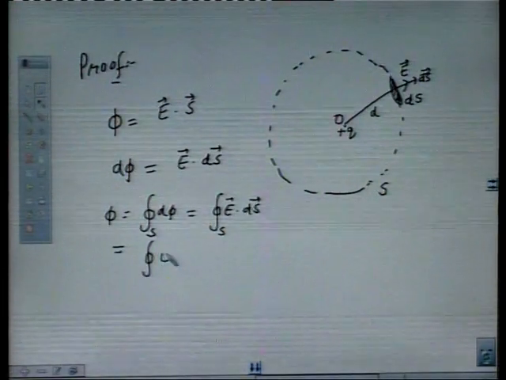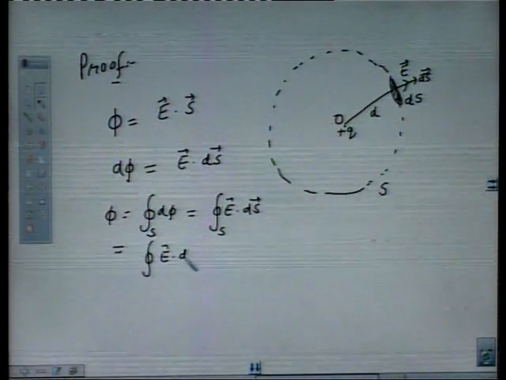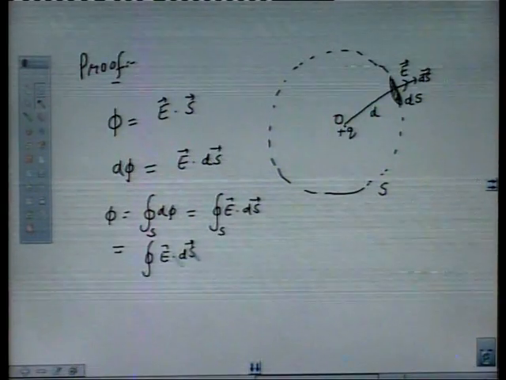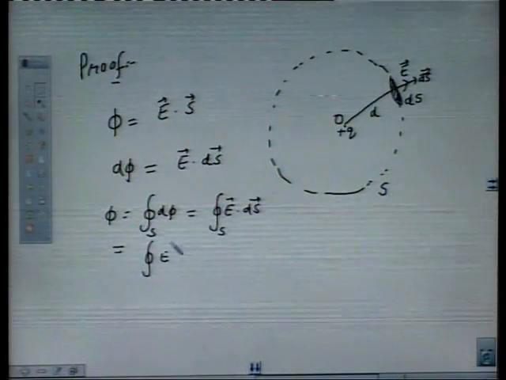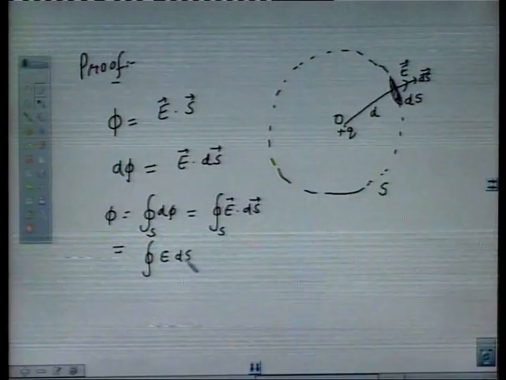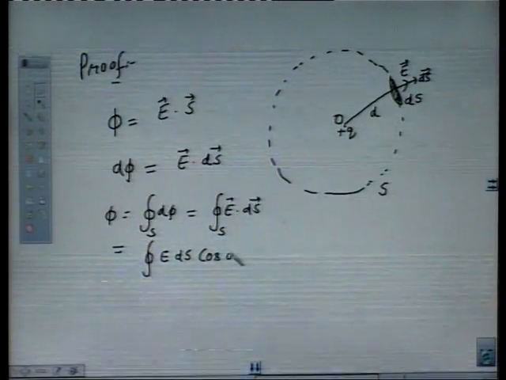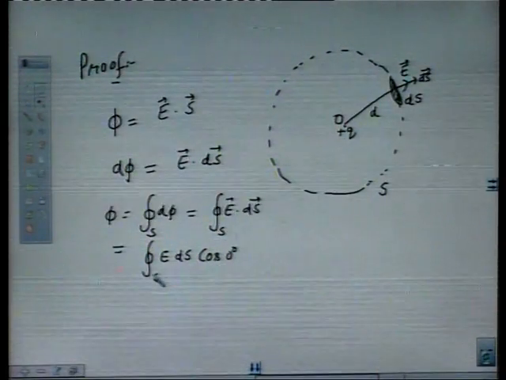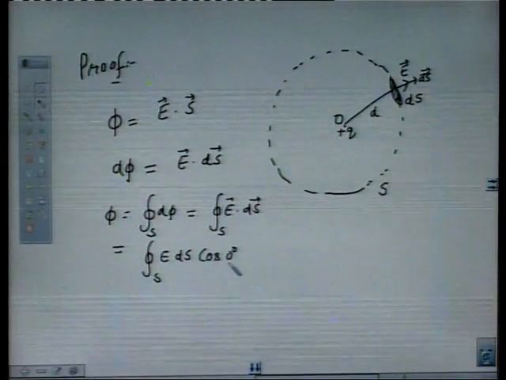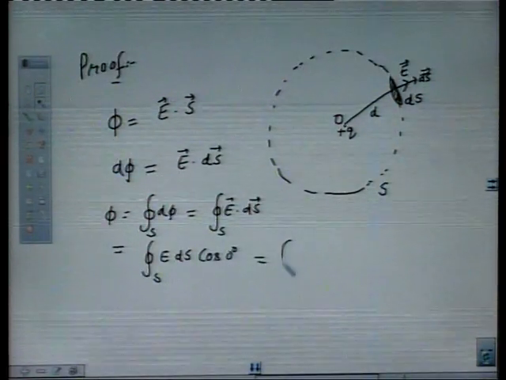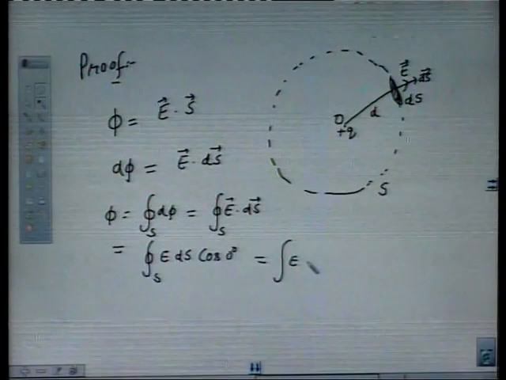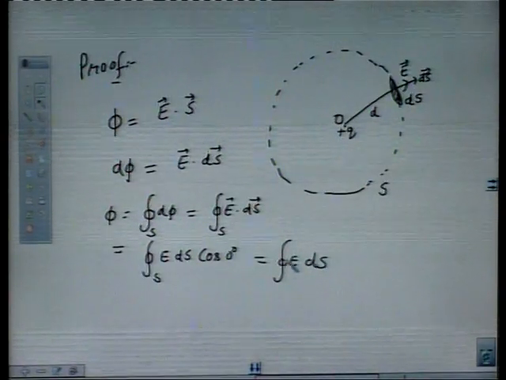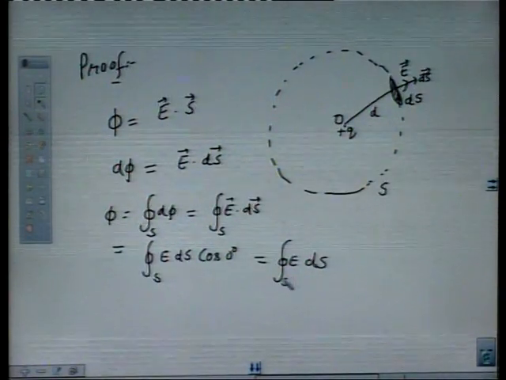We can write it as the integral of E into ds into cos 0 degree over the surface S. Cos 0 is 1. So, this is equal to the integral of E into ds over the closed surface S.